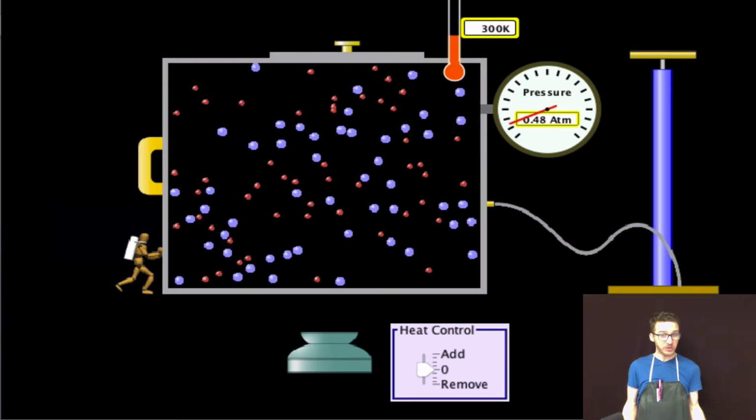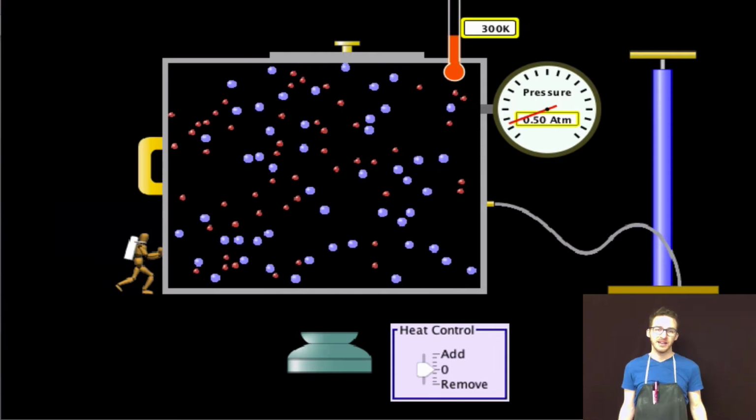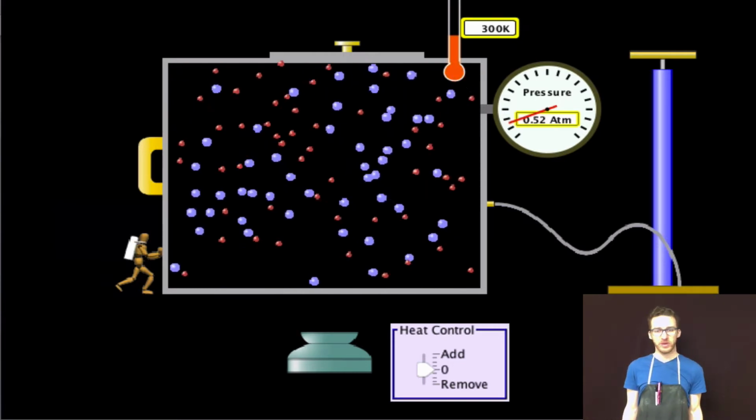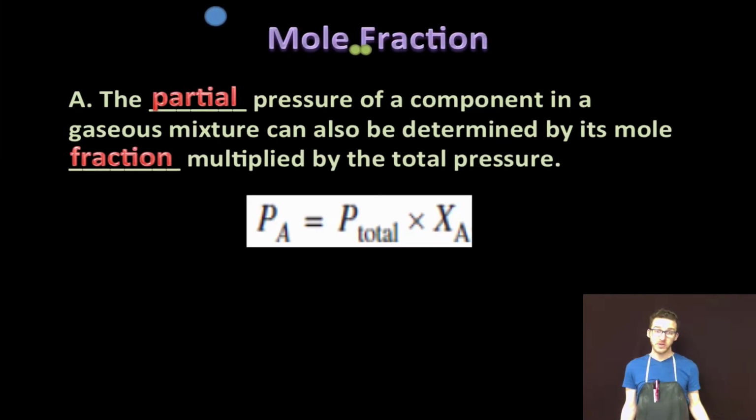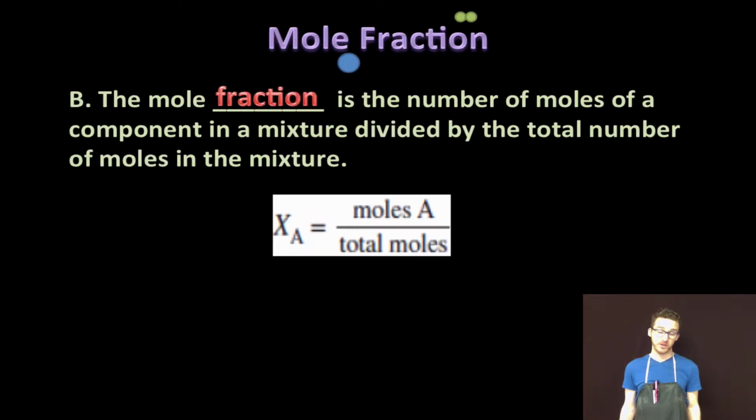Or what's the partial pressure of the purple gas contributing to the total pressure of 0.5 atmospheres? And it turns out you can determine that partial pressure of just one of the gases in a mixture by determining what's called its mole fraction and multiplying it by the total pressure. And if you're looking for just the mole fraction, it's simply the number of moles of the component, or the moles of that one gas in the mixture, divided by the total number of moles in the mixture.